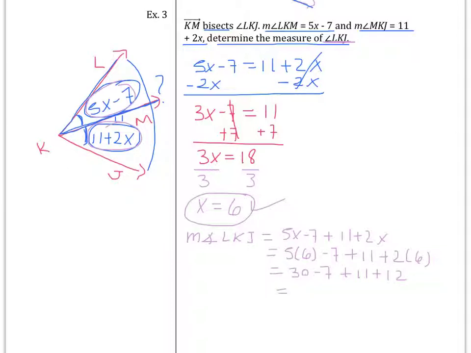So 30 minus 7 is 23, plus 11 plus 12, that's also 23. As you can see, since KM is the angle bisector, the two angles are equal. Then we just add to find the measure of angle LKJ, which is equal to 46 degrees.